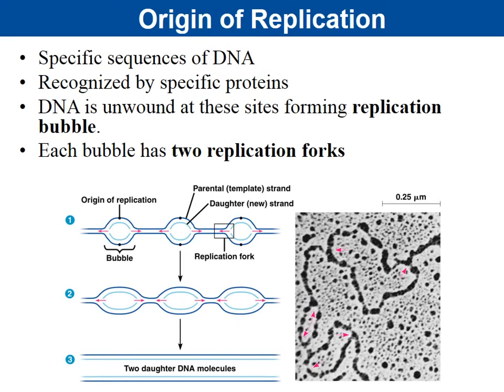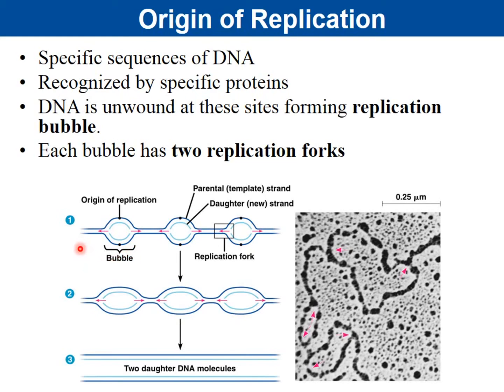Now, replication begins at origins of replication. These are specific sequences on the DNA that are recognized by specific proteins. When these proteins recognize these sequences, they're going to unwind the DNA, and when they do that, they're going to form this replication bubble. They separate the two parental strands, and once they do that, replication can begin.